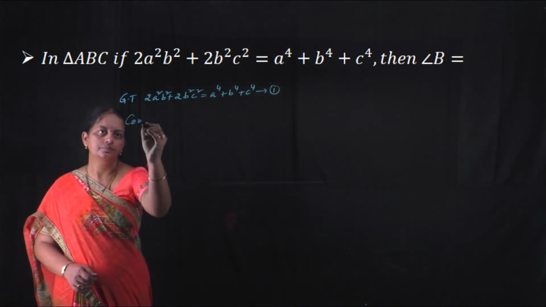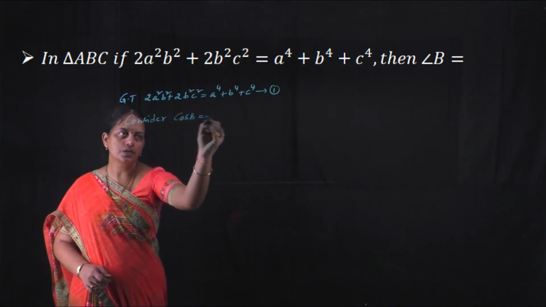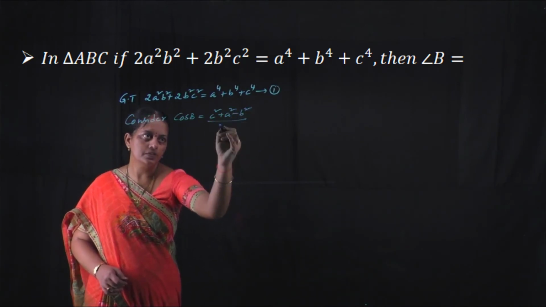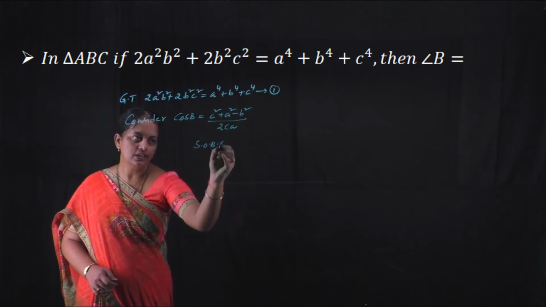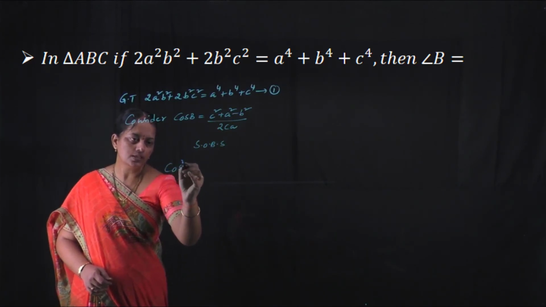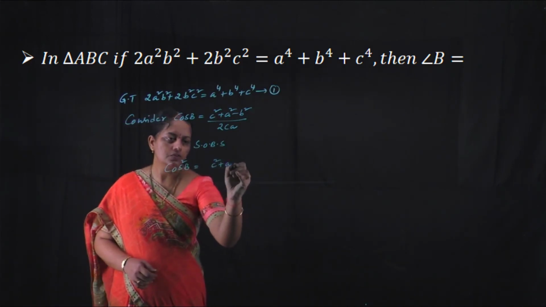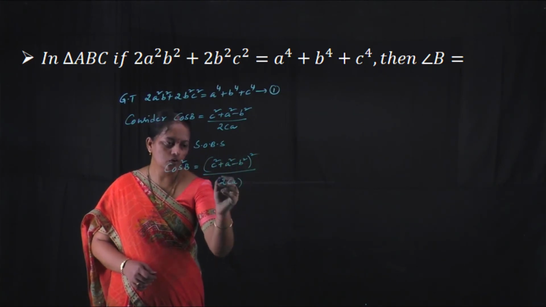Consider cos B is equal to c square plus a square minus b square by 2ca. Squaring on both sides, we get cos square B equal to c square plus a square minus b square whole square by 2ca whole square.